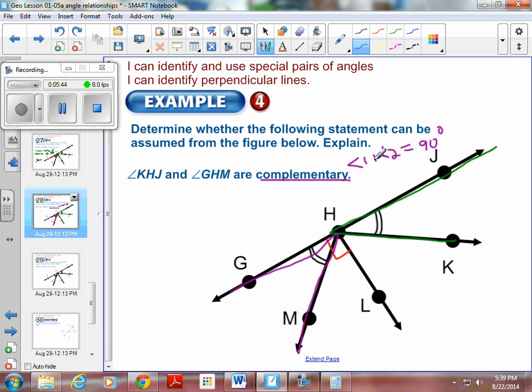That's what our complementary definition is. The sum of the angles is 90 degrees. Is there any way we can prove that those two angles add to 90? I don't think so. This GHM with this MHL would add to 90 degrees because we've got the right angle here. We know they're the same measure as each other, but there's just not enough information to get us to the fact that they would add to 90. So again, a big fat no.